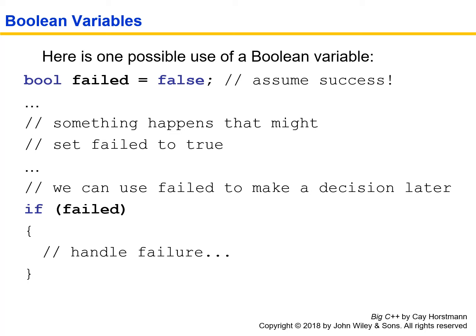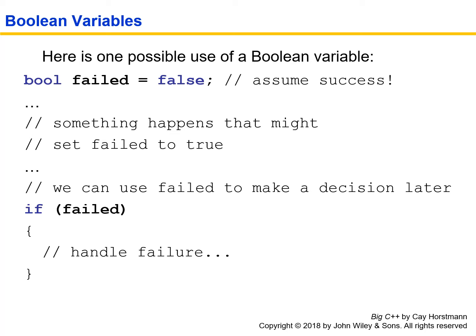Now here's one possible use of a Boolean variable. You might ask, why would I need to store true-false values? Well, let's say we have a process that we're about to go through on our computer, and we want to start by flagging failed as false. Okay, we're going to assume that our project is going to succeed here.